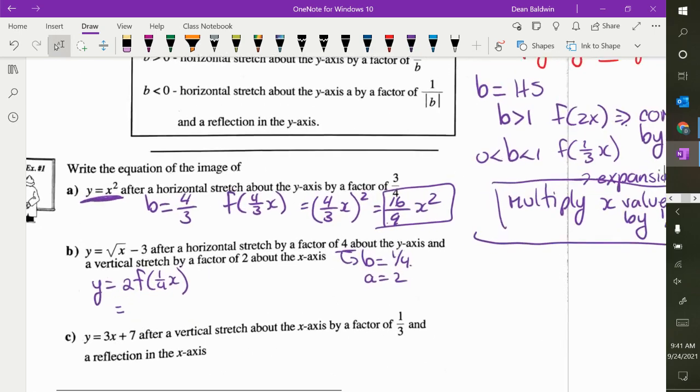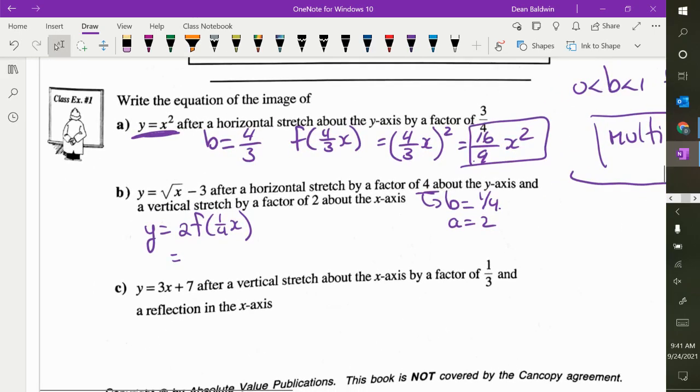Where's the 1/4 go? In for x, and you multiply the whole thing by 2. So it's the root of 1/4 x with a minus 3 here, and 2 times that whole thing. The minus 3 is not inside the square root.